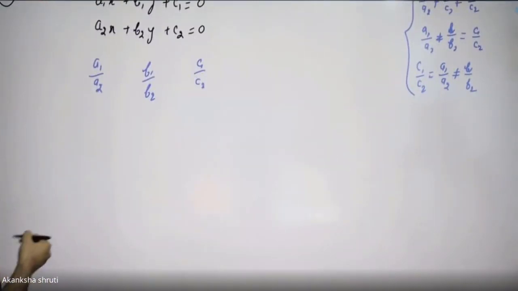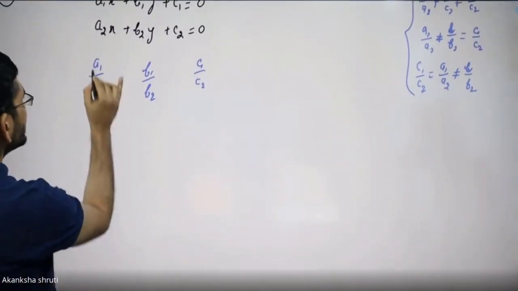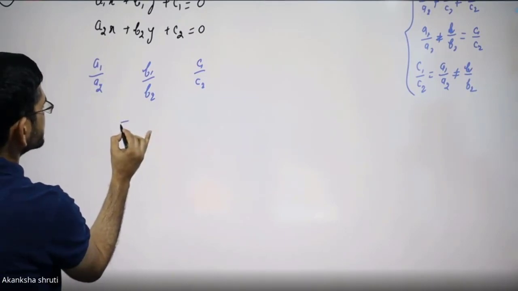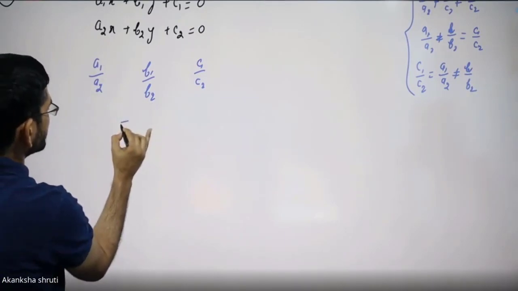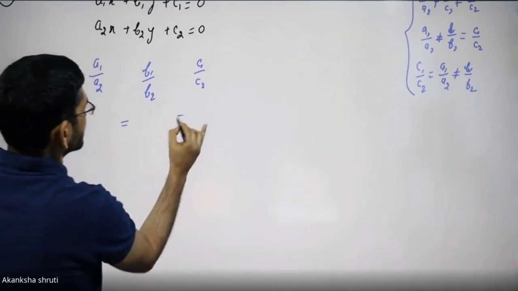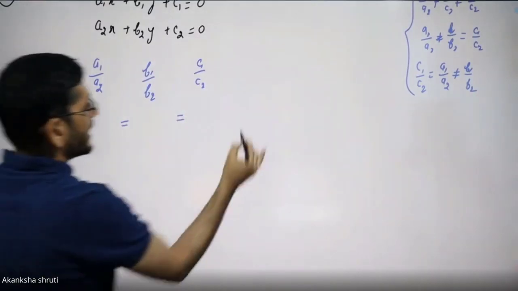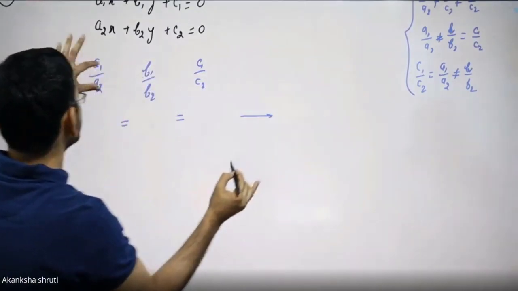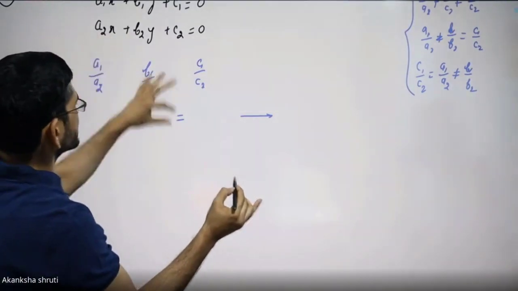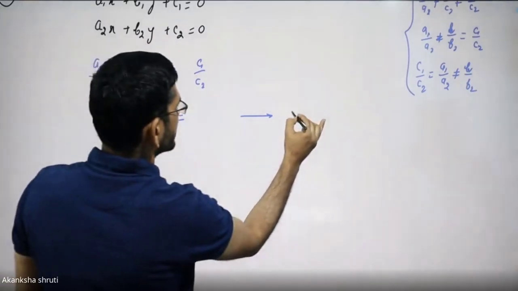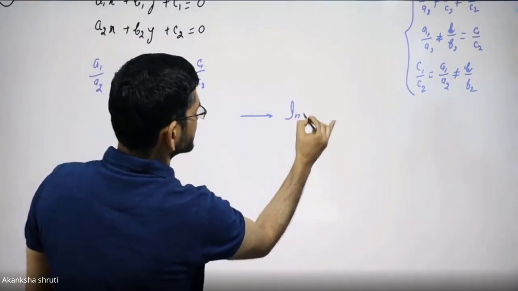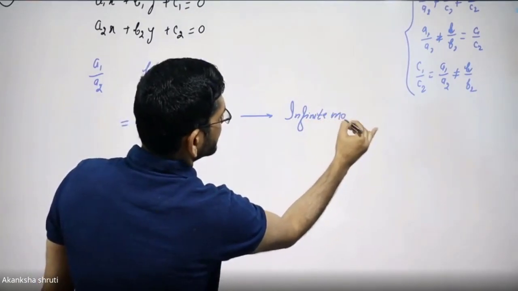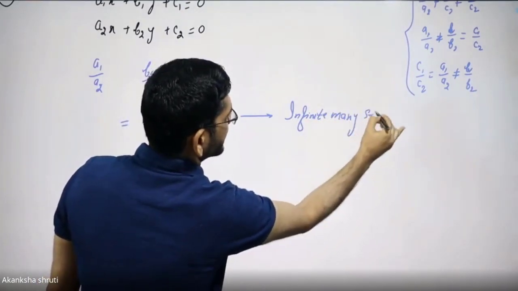After this, you must keep in mind, if all three ratios are equal, means at both the places there is an equal sign, it is called infinite many solutions.